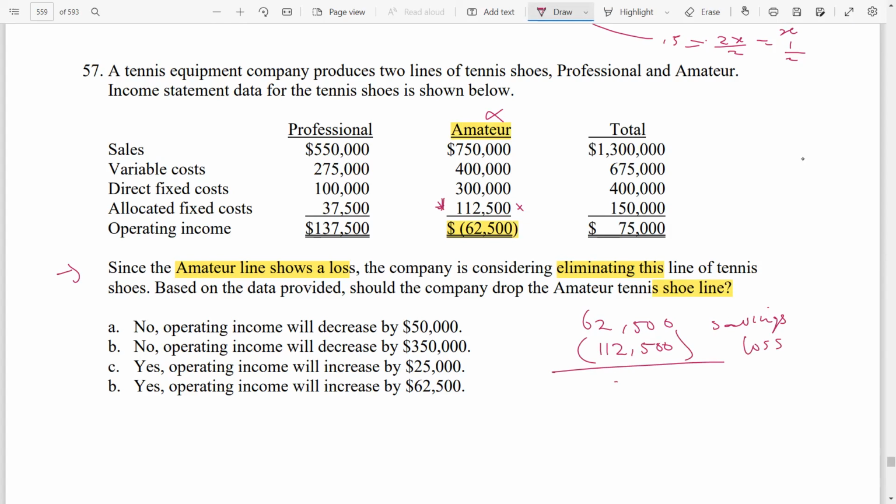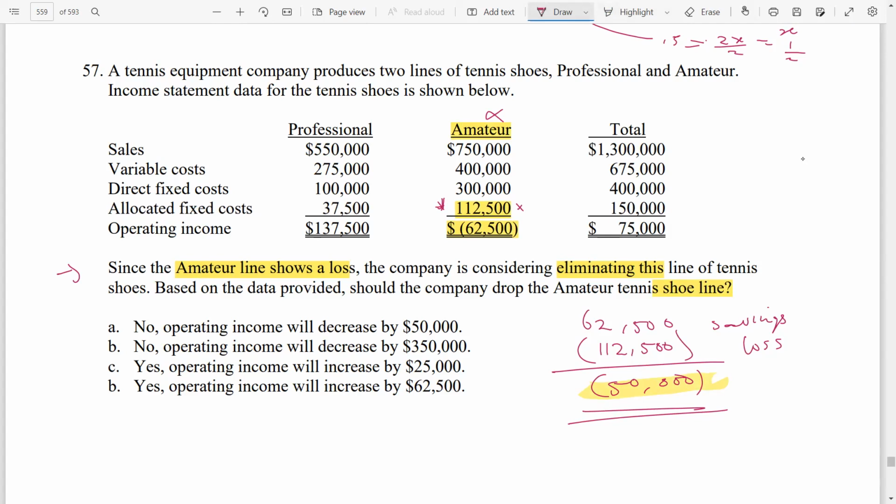We add them together and we are losing 50,000 if we get rid of amateur, because amateur has a contribution margin that is paying for some of this huge allocated cost. If we get rid of it, we will need 50,000 more to pay for the allocated cost.